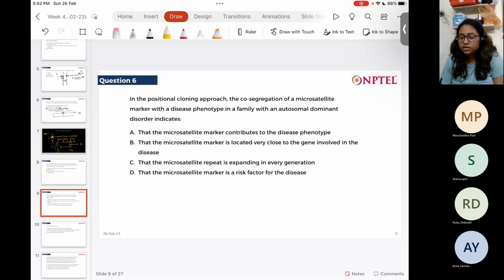Then, is the marker repeat expanding in every generation, or is it the risk factor for the disease? Which of these four options would explain this kind of segregation within the family for this particular marker?